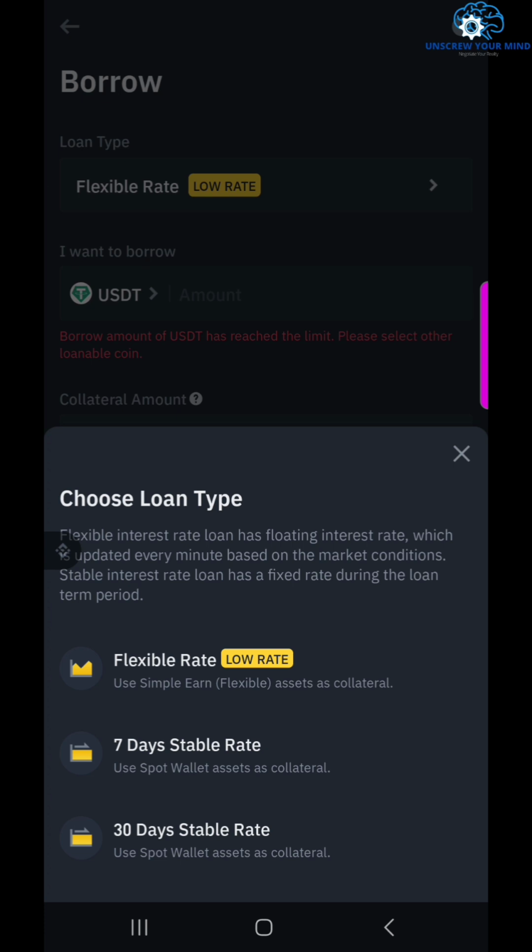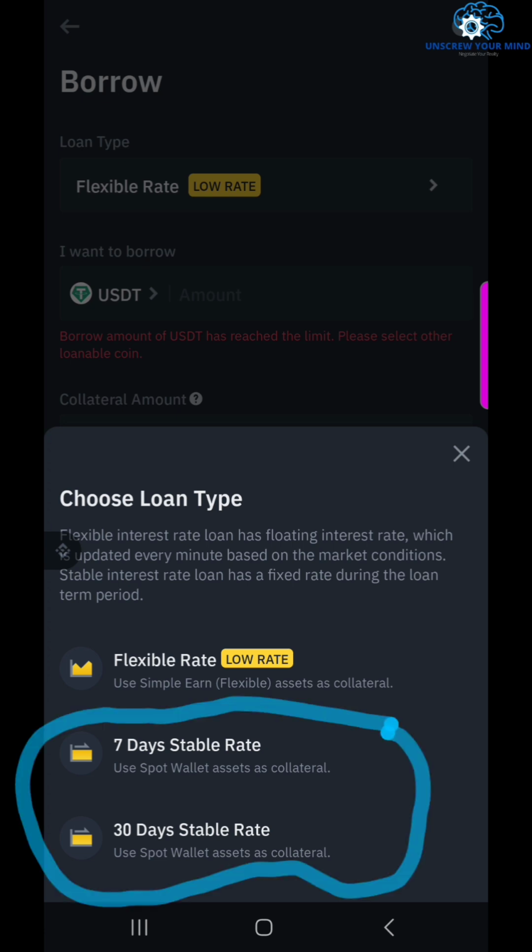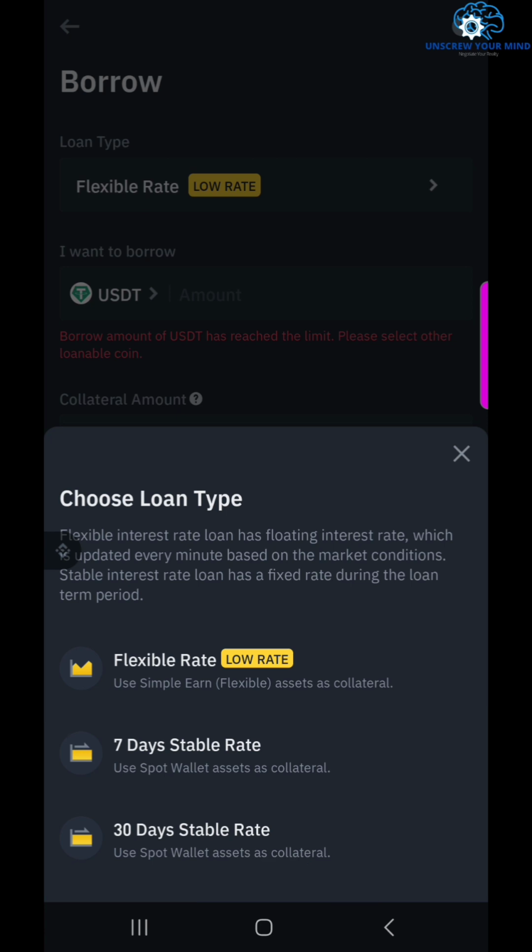So they're going to use the assets in your simple earn wallets as collateral. The other loan type is the one where they're going to use the assets in your spot wallet. So these are assets that you bought and you did not subscribe to any Binance Earn product and they're just sitting in your spot wallet. So if your assets are in simple earn, then you're going to click on flexible rate so that those assets can be used as collateral.